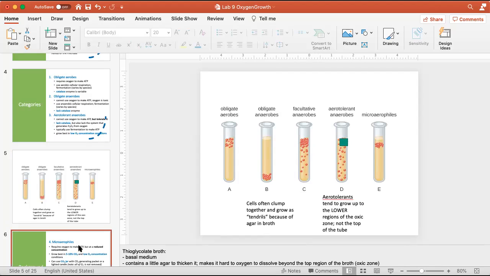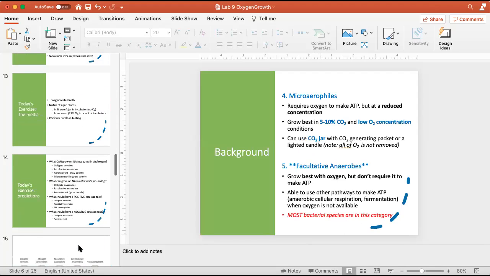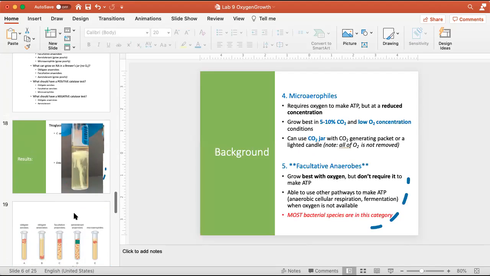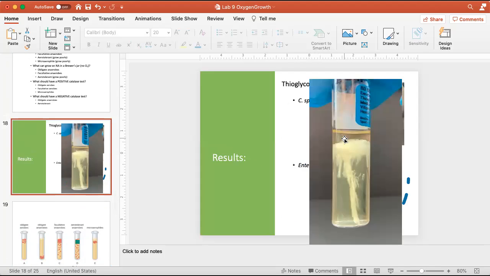Here's why it's not facultative. Let me get down here again. A facultative would have grown all the way up to the top. This organism is avoiding the very top of that tube. Did we talk about a category that likes to avoid the highest concentrations of oxygen, but is capable of growing all the way down?